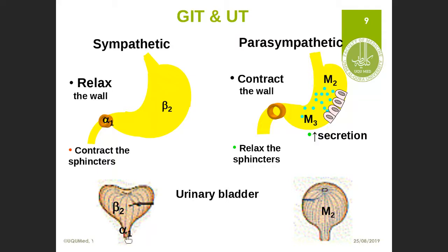Alpha 1 is constricting the sphincter muscle, not opening it to release the urine, but the beta receptor is managing the urine volume in the urinary bladder. Now clear, Miss Lena?